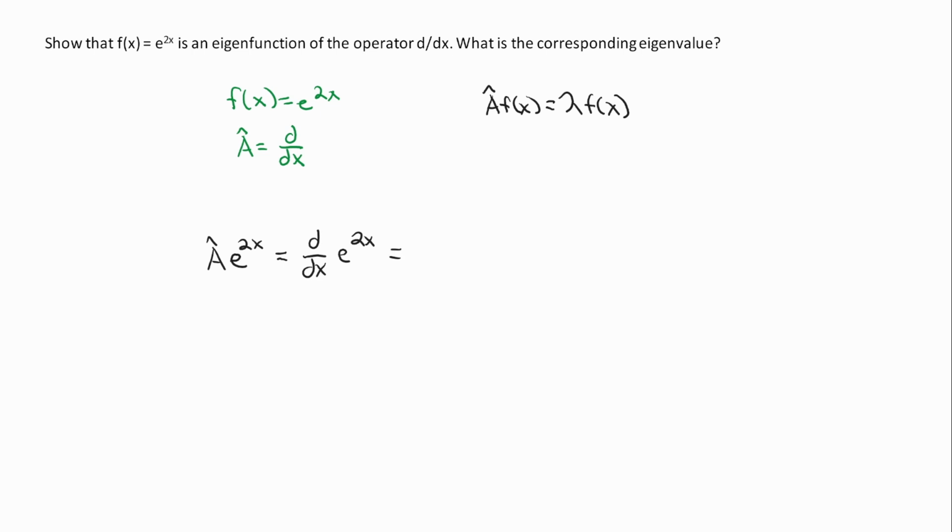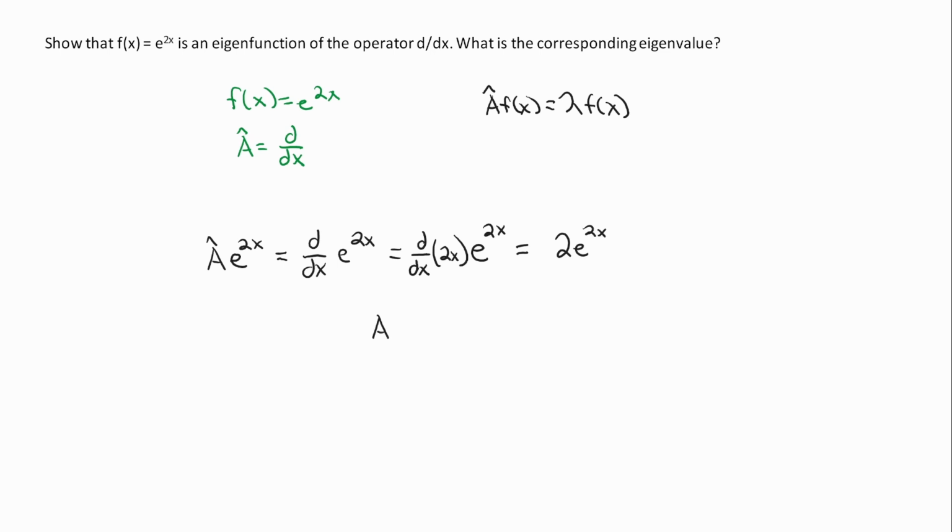In a future video, we'll cover doing derivatives of special functions such as exponential functions. But the derivative of e to the 2x will first off retain our e to the 2x. That's always true with exponential functions with our variable in the power. Then we'll take the derivative of the power itself, d over dx of just 2x. And we know from the power rule, we just end up getting 2 times e to the 2x.